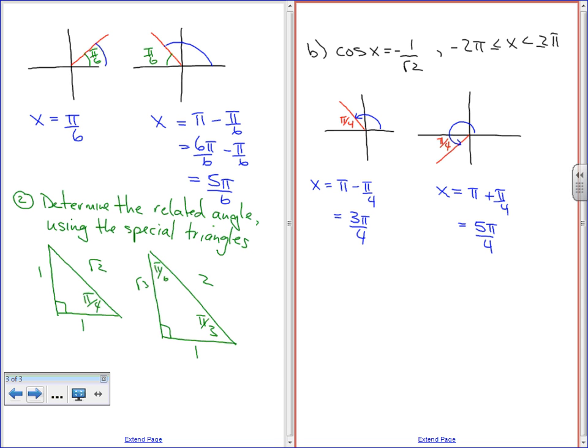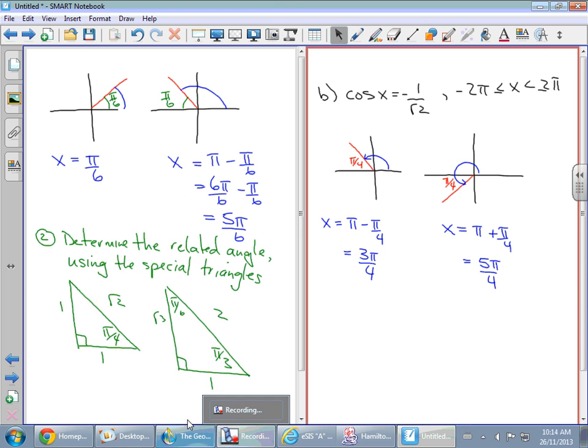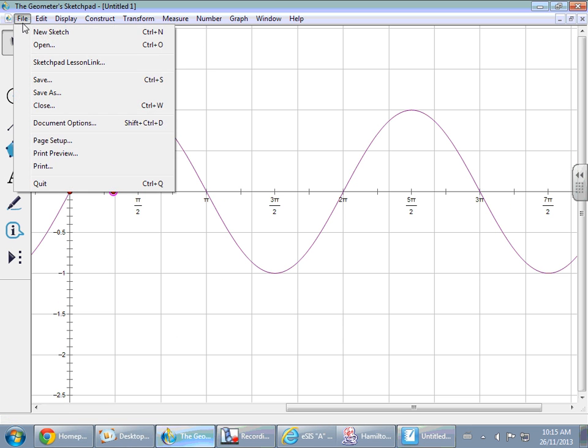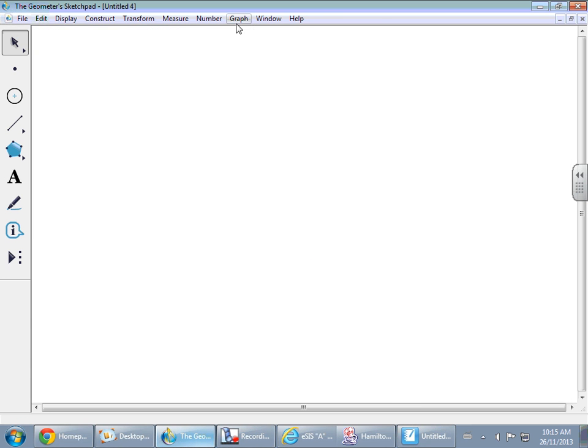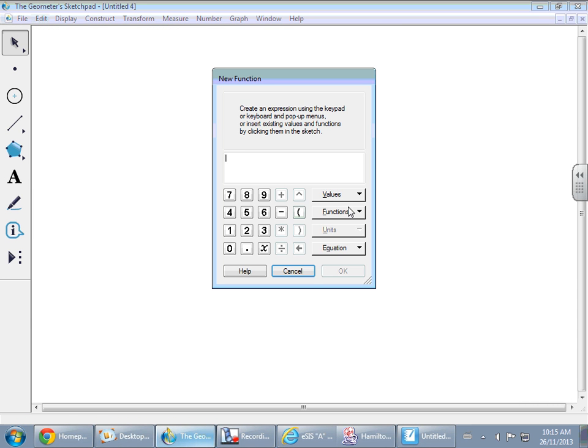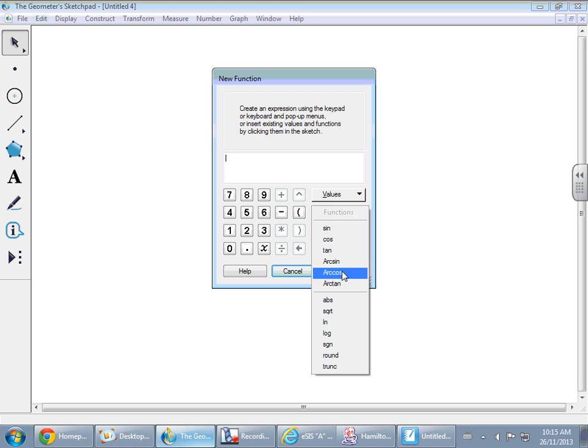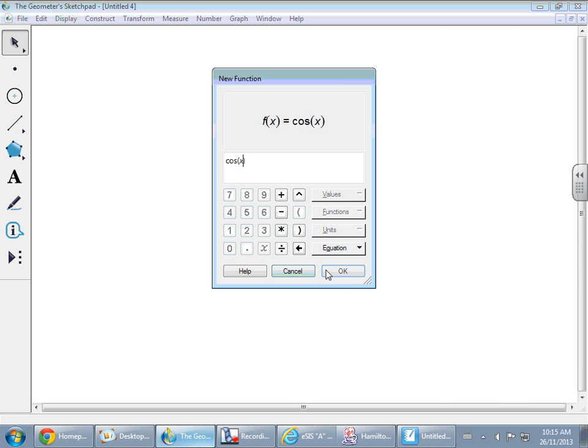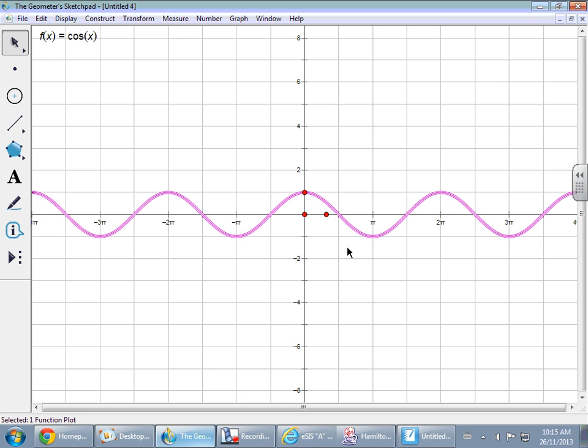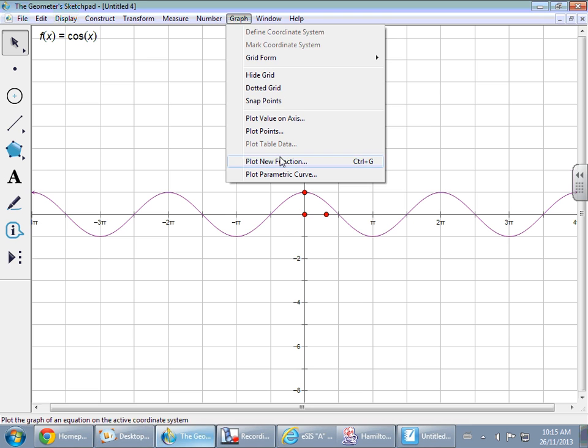So now, I graph that. So this is the cosine curve, right there. And I wanted to know when the cosine curve was equal to -1 over root 2. I don't quite know that value, so I'm just going to graph it, a straight line.